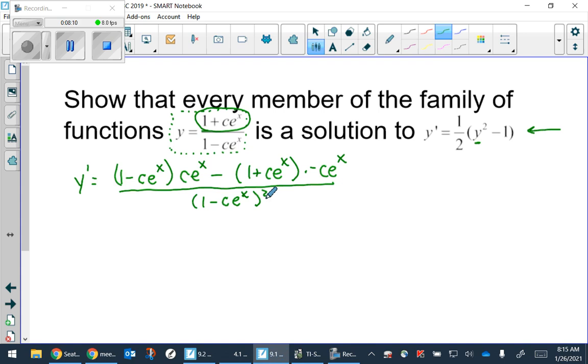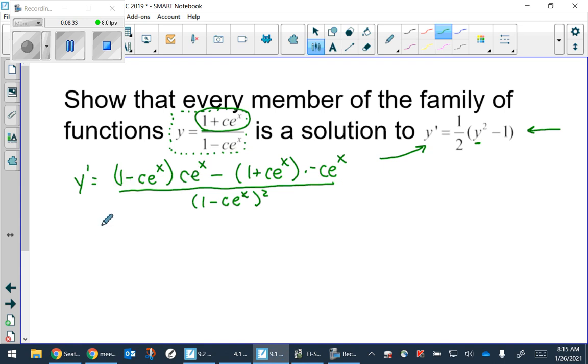All right. Holy cow. Now, I've got to plug that y prime into this equation and show that this thing is true. Man, oh man, that's going to be something. Well, let's see, y prime. You know what? I'm going to simplify this a little bit.